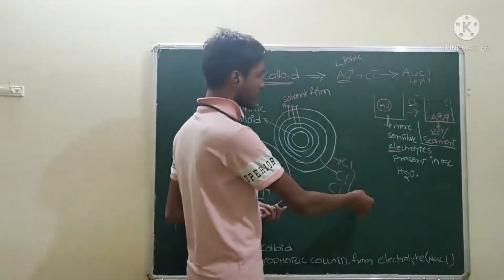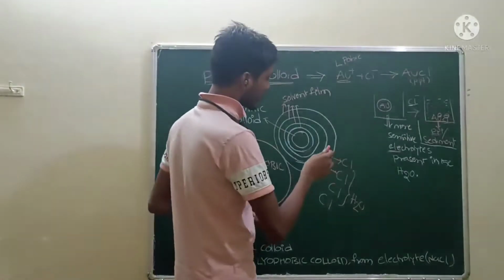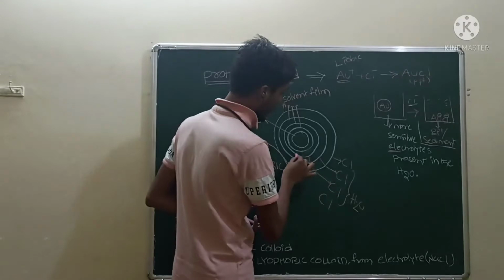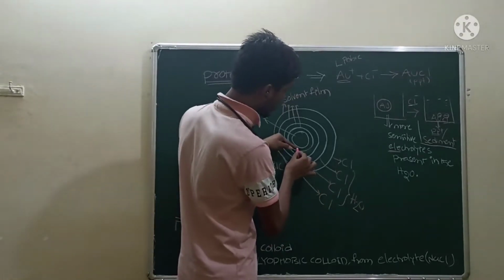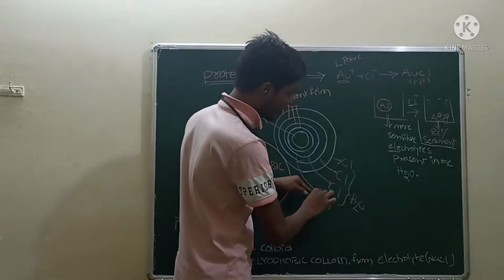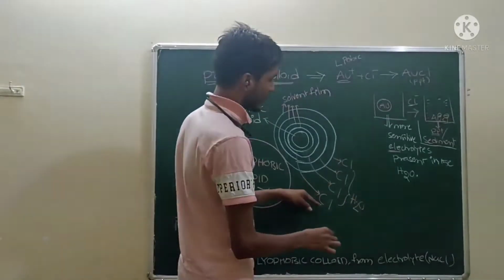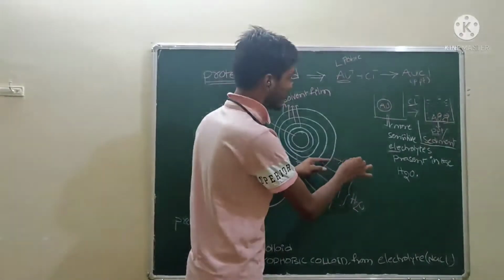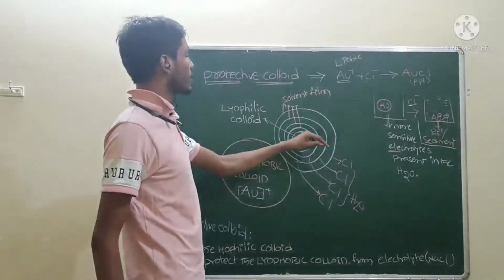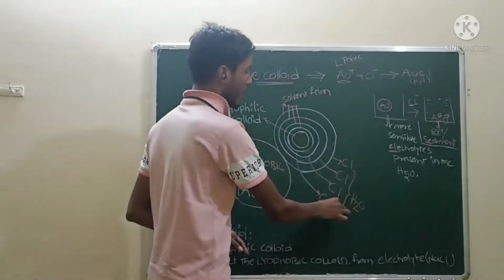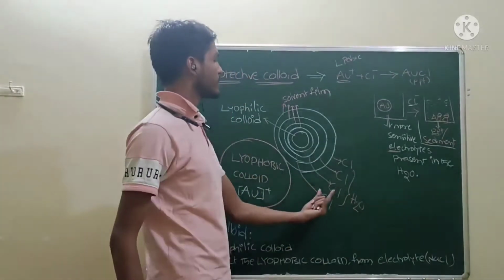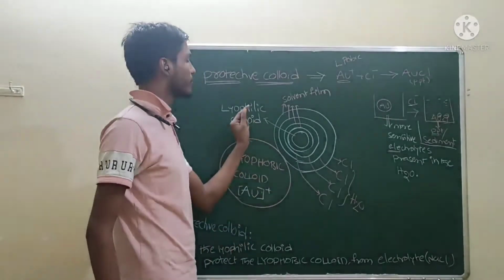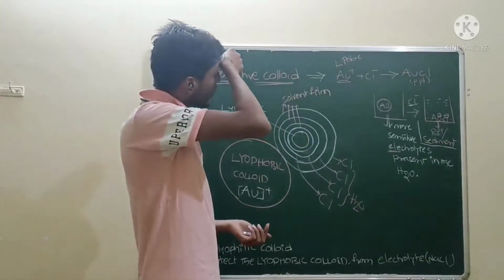So now the electrolytes are attacking the lyophilic particles, removing the solvent film. See, they are taking this solvent film, and it is now present around the chloride. So four ions or electrolytes have taken four solvent films from the lyophilic colloid.